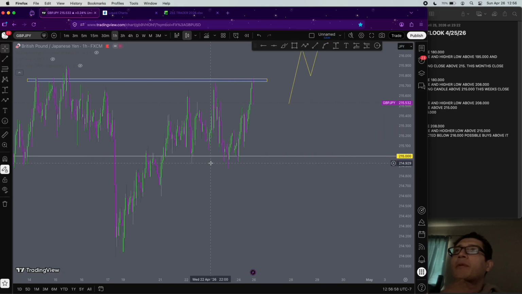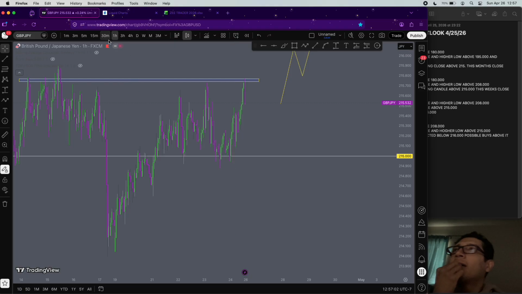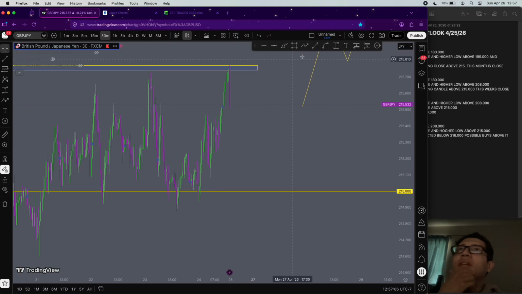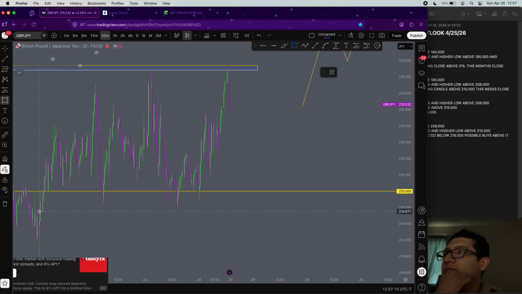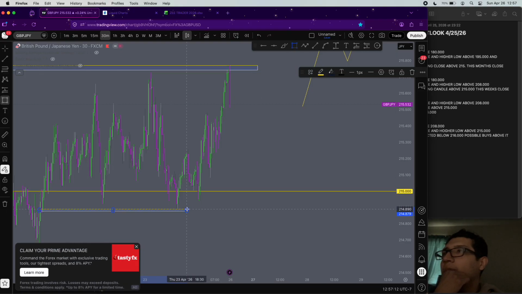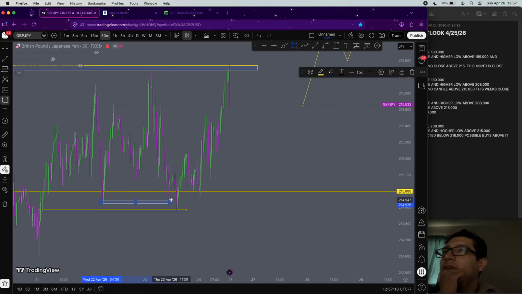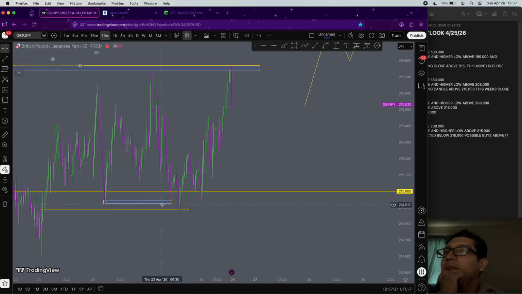So on the 1 hour, where did I take this trade? I took it somewhere around here, because I did go into some drawdown. I knew that price was gonna come into this previous area of demand right here, and it did, because this one had already been tested, and I knew that most likely people had already their stop losses below here.